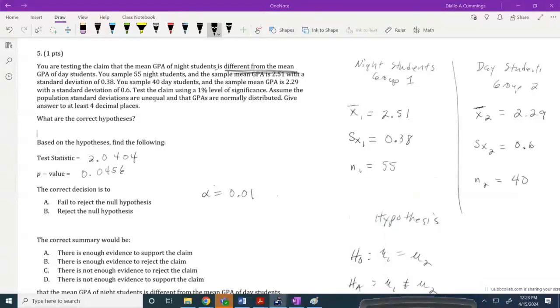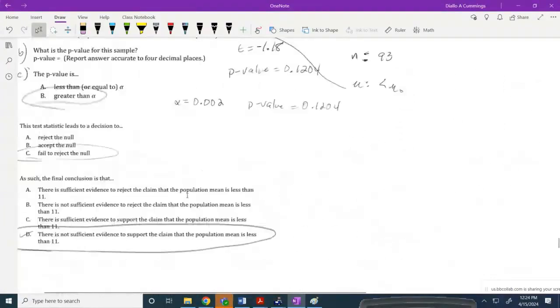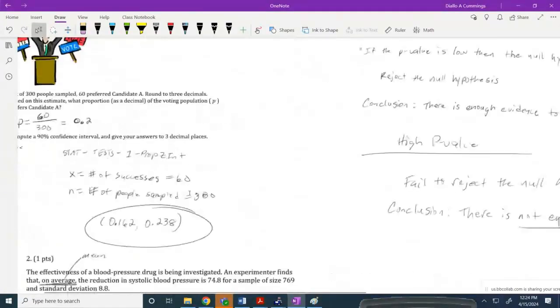The p-value is 0.0456. So the p-value is greater. Keep that in mind, because if you're just looking at this at face value, you'd say the significance level is bigger, but you have to change that to a decimal. So the p-value is higher, a high p-value.